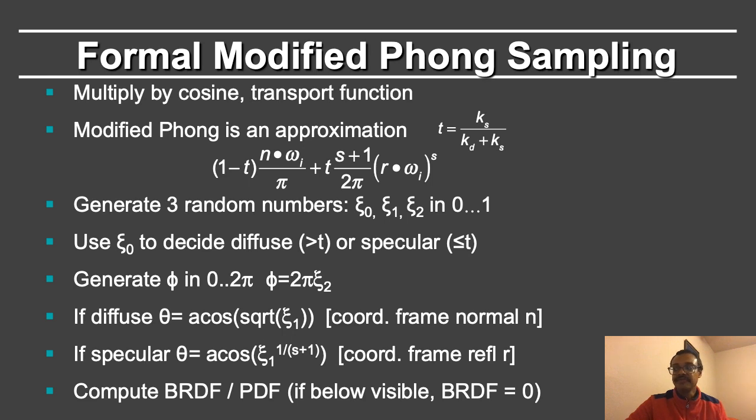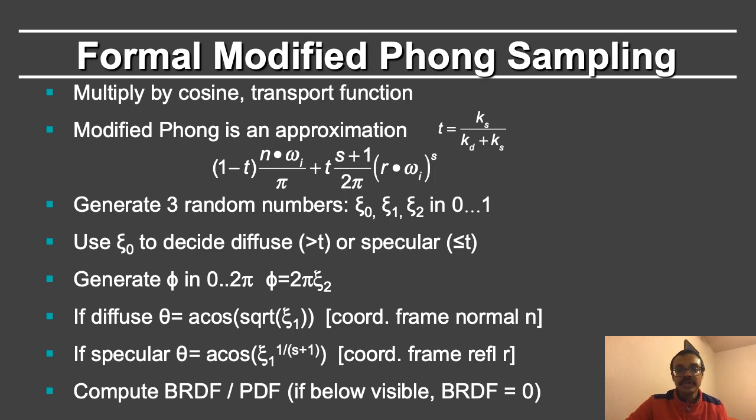If you're in the diffuse, then you do cosine sampling essentially. Theta is equal to the arc cosine of the square root of xi 1. If you are in the specular domain, then theta is equal to the arc cosine of xi 1 power 1 over s plus 1, which is essentially Phong sampling.